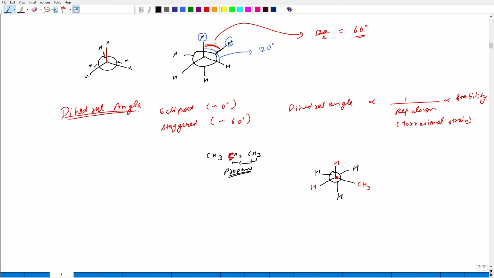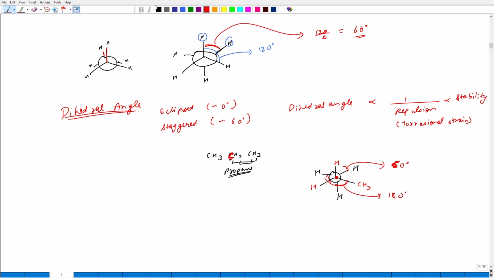So, in this case there are two dihedral angles possible. One angle is between H and H, this is 60 degrees, the staggered form I have formed, and if I consider the other H and hydrogen, it is almost 180 degrees.